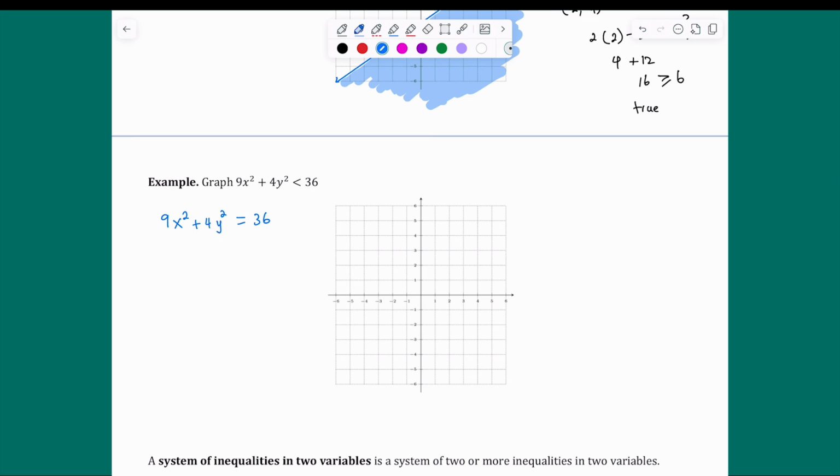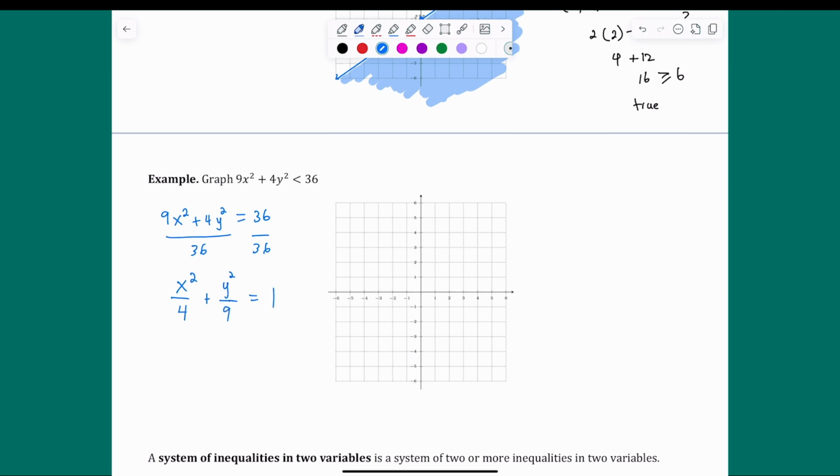Okay, so if you don't recognize this, this is just the equation of an ellipse. And so I'm going to go ahead and divide both sides of this here by 36. So this way we get the equivalent equation x squared over 4 plus y squared over 9 equal to 1.